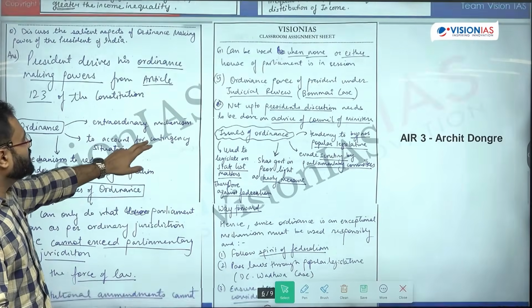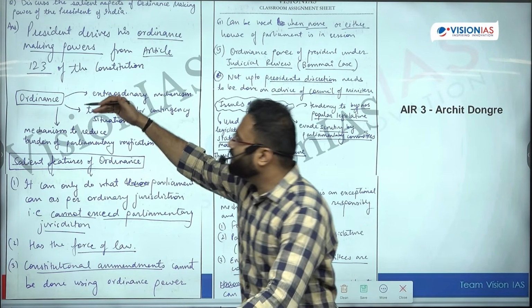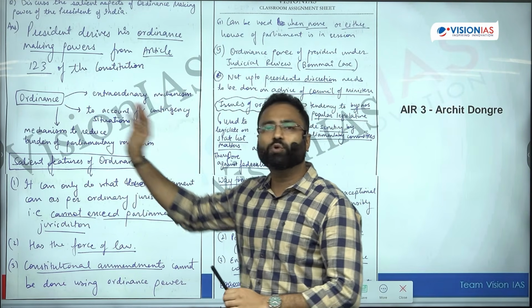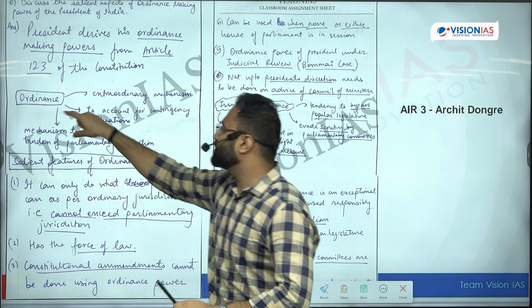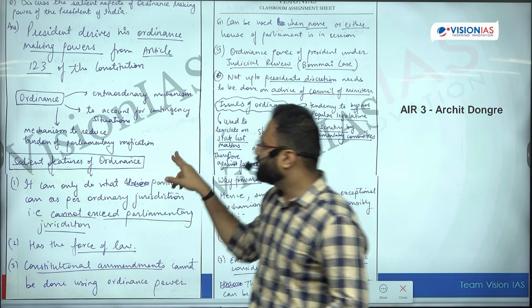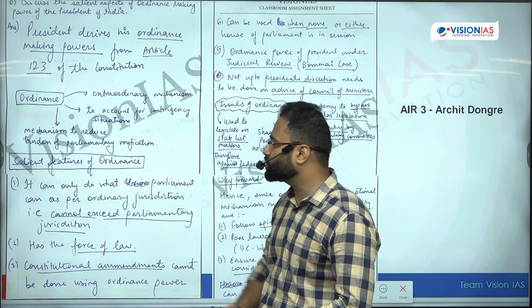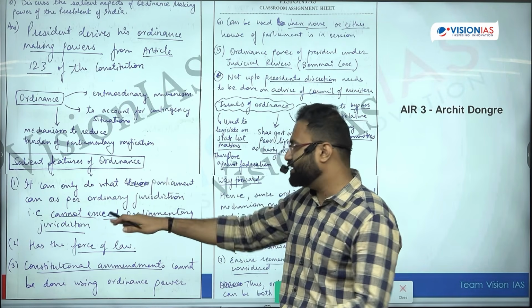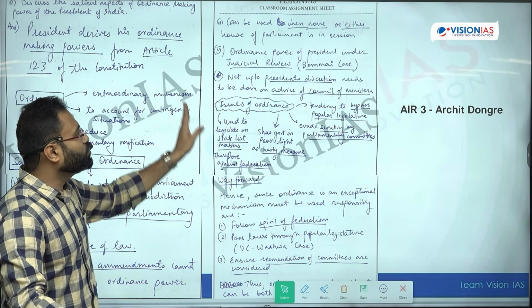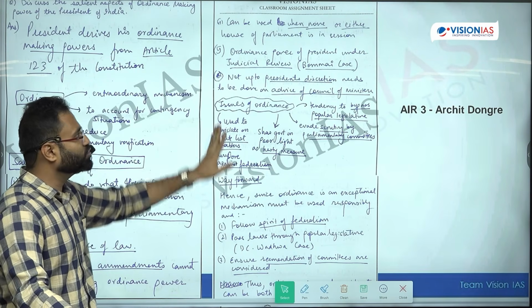Similarly, when we talk about Archit's answer, again there was underlining of the important aspects, for example constitutional articles. Then defining was not done in a paragraph; it was defined and explained in this particular context in the form of a flow. Then the heading of the salient features of ordinance was boxed, and as and when needed there was underlining. Also, when he has to talk about the issues with respect to ordinance, he has again talked in the form of flowcharts.